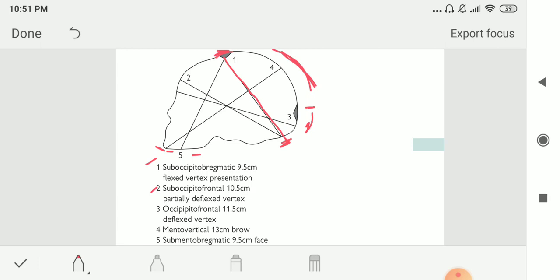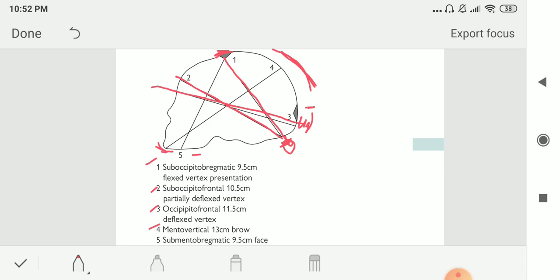The second diameter is the suboccipitofrontal, from the same area to the frontal region. The third one is the occipitofrontal, from the occipital region to the frontal region. This is about 11.5 centimeters, and the suboccipitofrontal is about 10.5 centimeters.